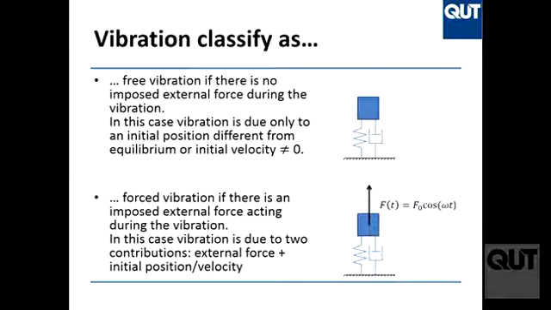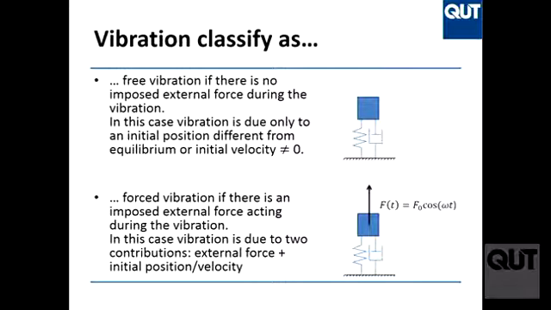In forced vibration, I instead put a force in here which continuously pokes the system and makes it vibrate. Good. So in the case of free vibration, vibration is only due to the fact that the system at the beginning was not in the equilibrium position.